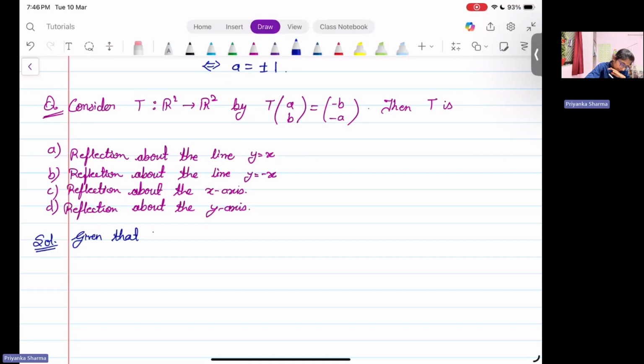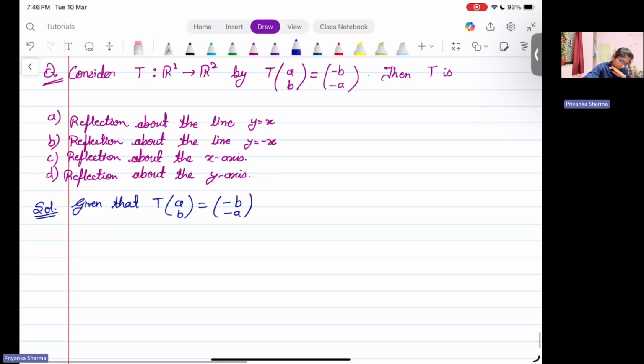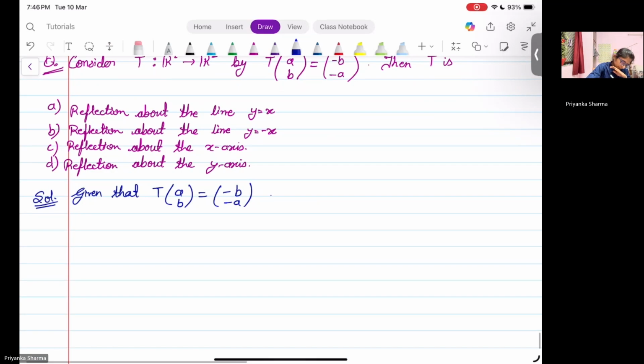T of (A, B) is (minus B, minus A), where (A, B) belongs to R square.